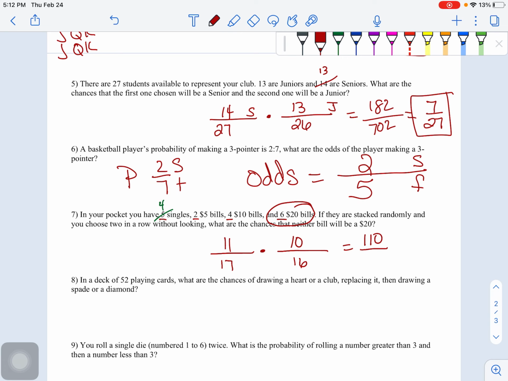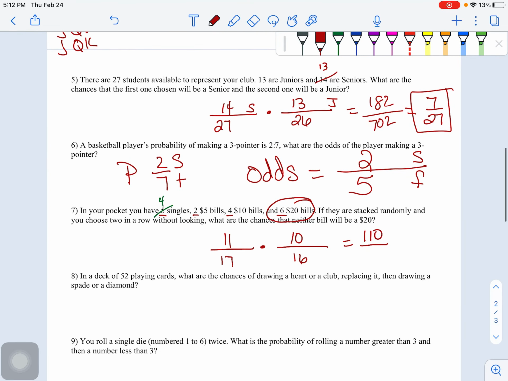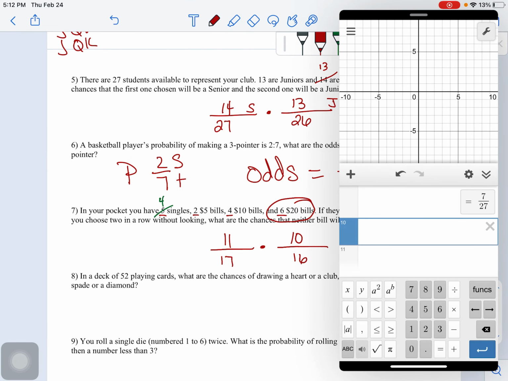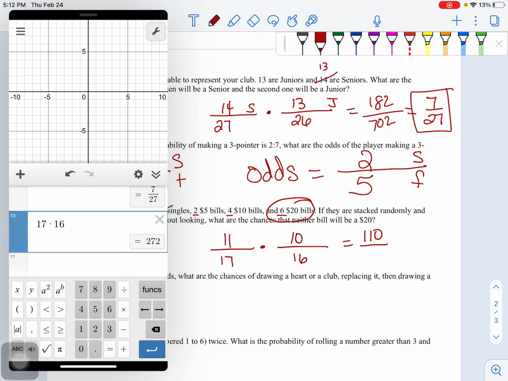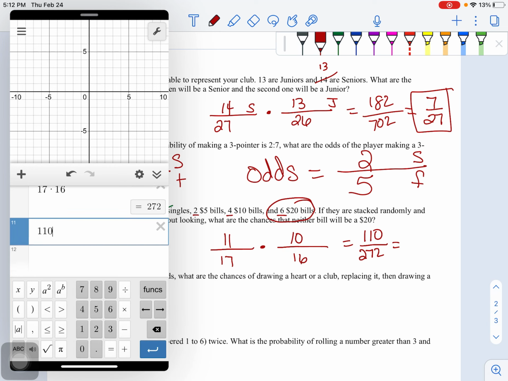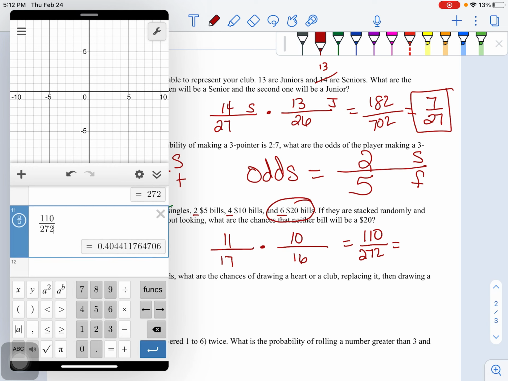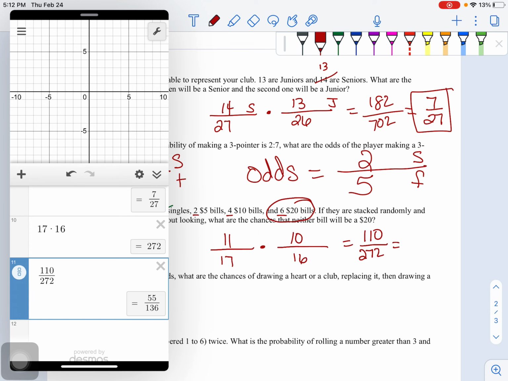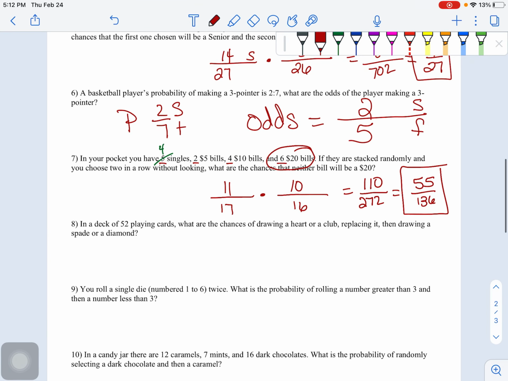And so that's 110 out of, let's see, 17 times 16, 272. And that will reduce to 55 over 136. Okay?